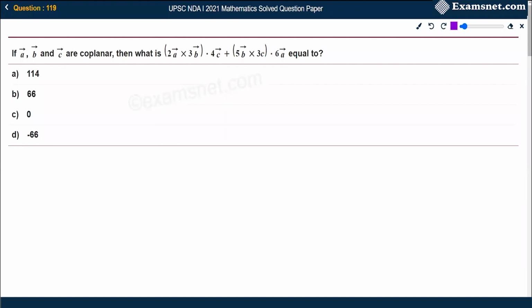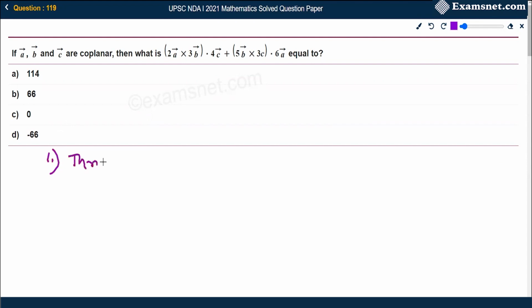In question number 119, it is given that if vector A, vector B, and vector C are coplanar, then what is the value of the given expression? First of all, let me give you some concepts regarding three vectors being coplanar.